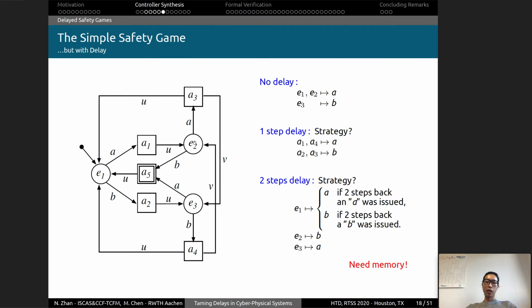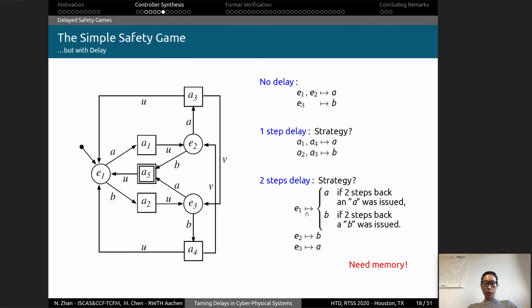So we simply choose A. However, if the memory tells us E1 chose B at this step, then 2 steps later at E3, we can only choose B. This is what the strategy here says. At state E1, if an A was issued 2 time units ago, then 2 time units later, which is at E2, player one will choose an action A, and B is similar.